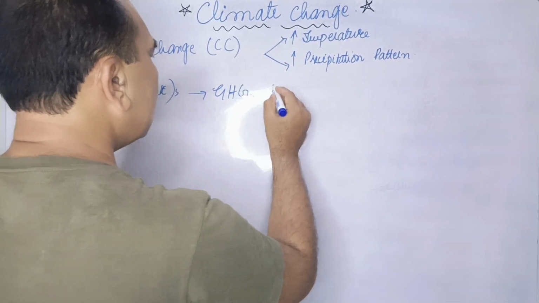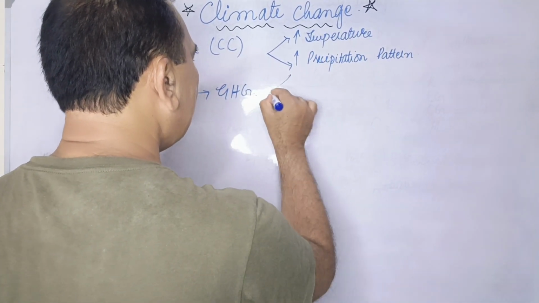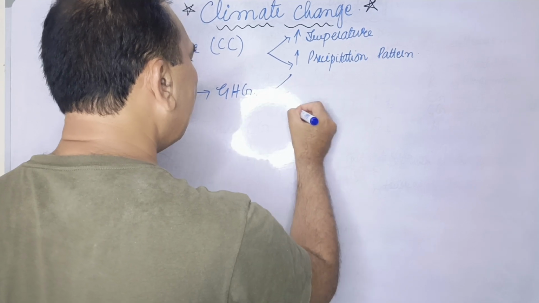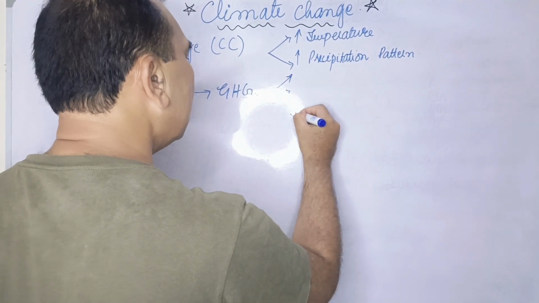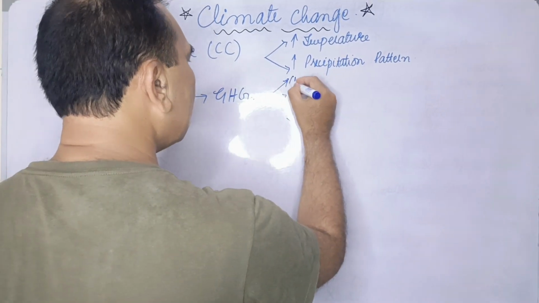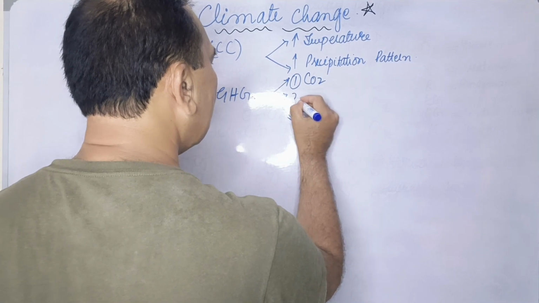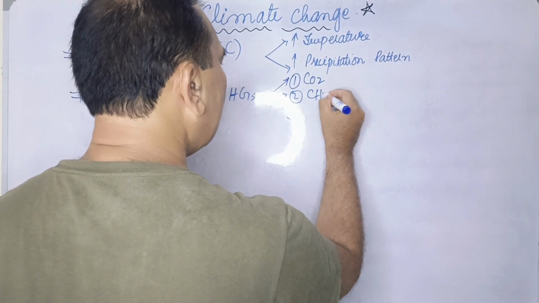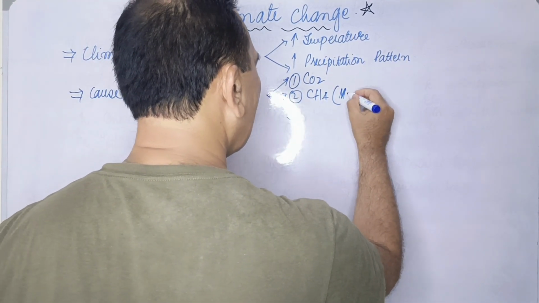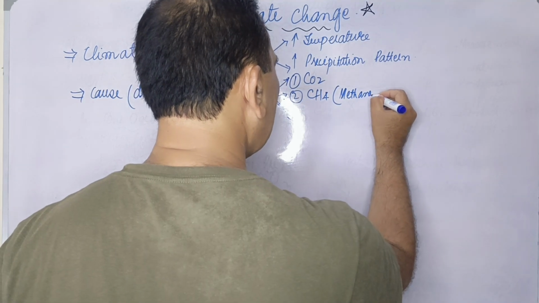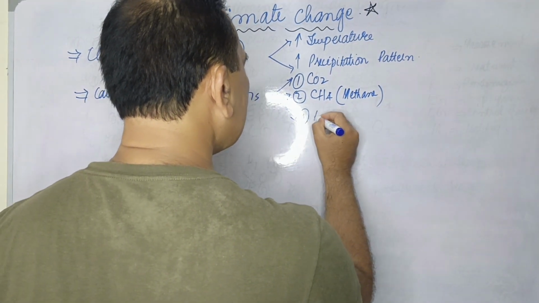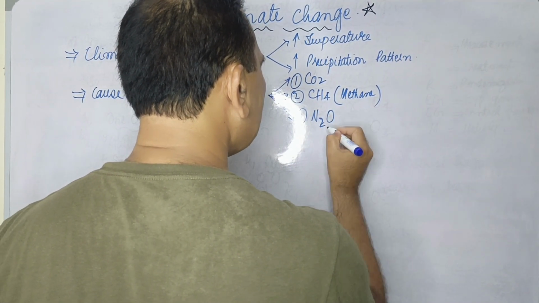These greenhouse effects come mostly from three types of gases. The first is carbon dioxide, the second is methane, and the third is nitrogen oxide.